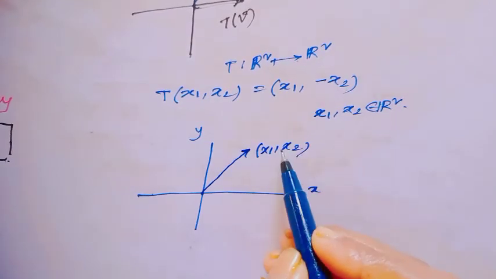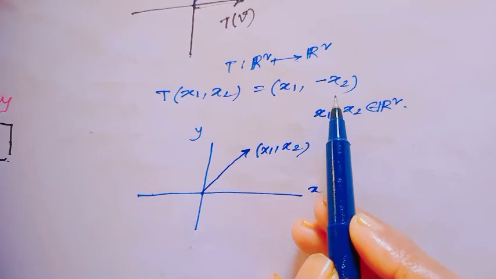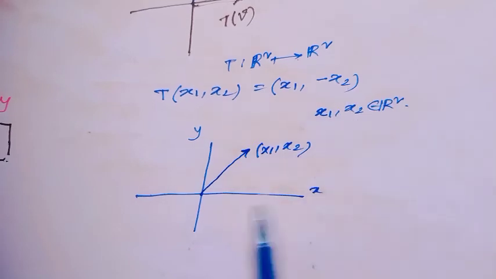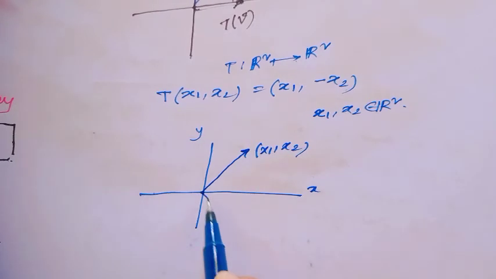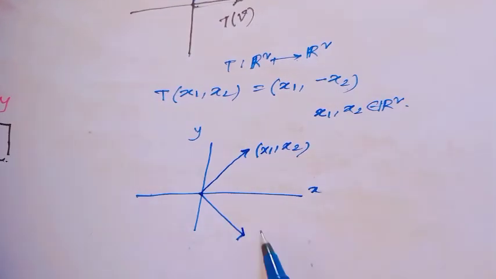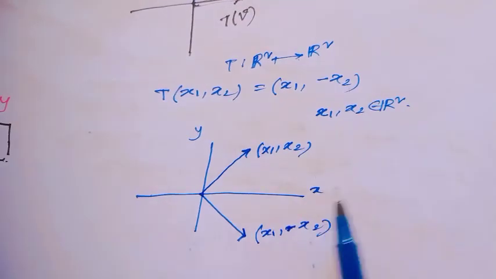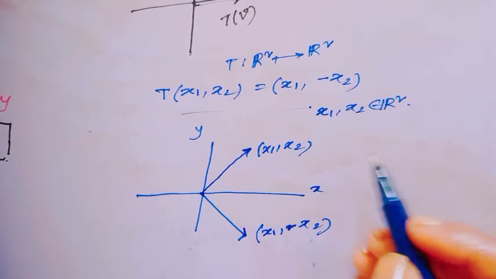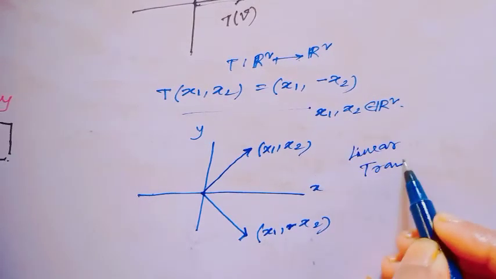Since it is x1, minus x2, that means reflection about the horizontal axis. Then this vector would be reflected in this vector. Then this would be x1, minus x2. I am not going to verify this transformation. This is obviously a linear transformation. This would satisfy the rule.